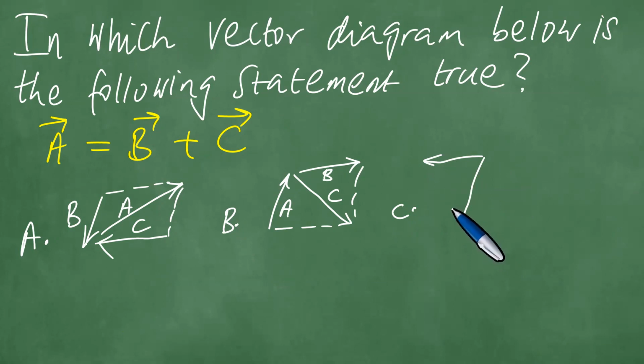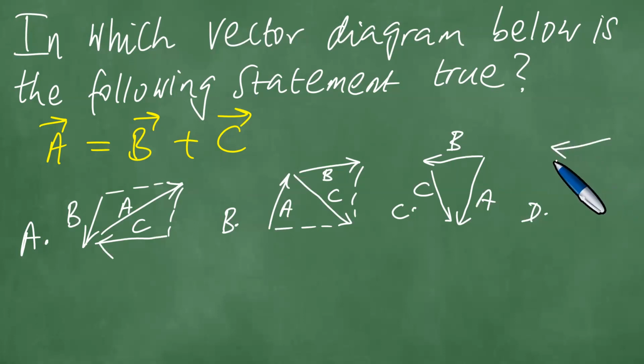And then there's D. There's a vector like this, and then a vector that way, and then a vector like so. C, A, B.